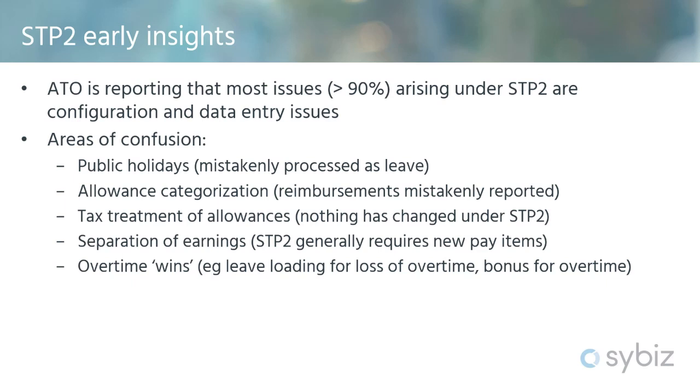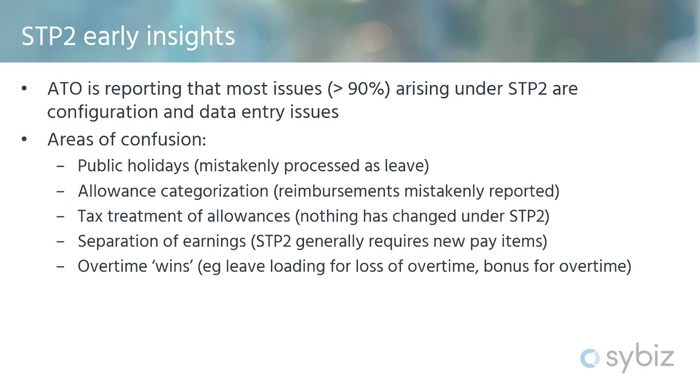Basically, the reportability of allowances hasn't changed, and the tax treatment of allowances hasn't changed. We are providing more information with allowances as we report them, but certainly if something wasn't reportable as an allowance previously, it's not reportable now. If it wasn't taxable previously, it's not taxable now.